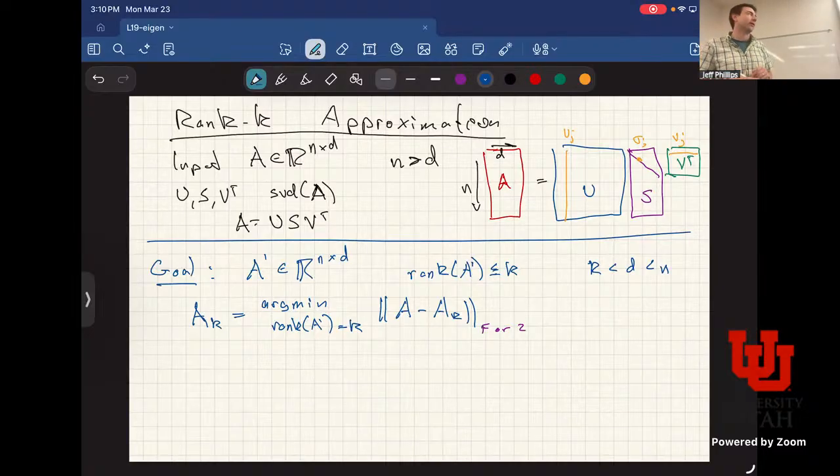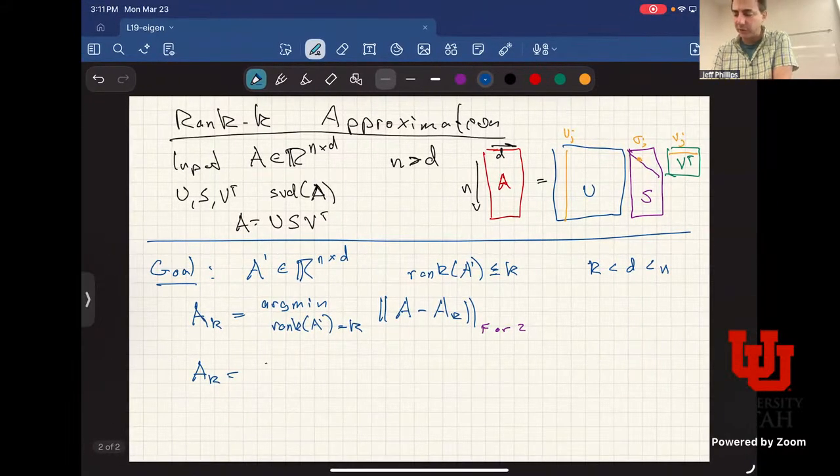Basically, there's a well-known answer: I can use the singular value decomposition to construct this matrix. A_K is the sum from j equals 1 to K of the singular value times u_j v_j transpose.